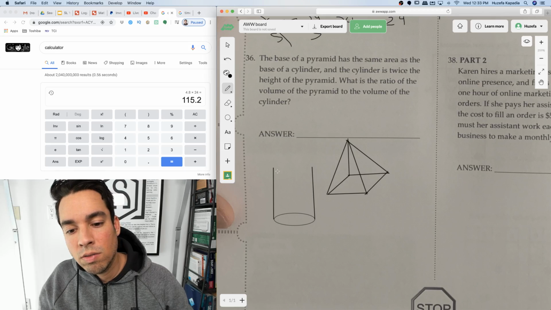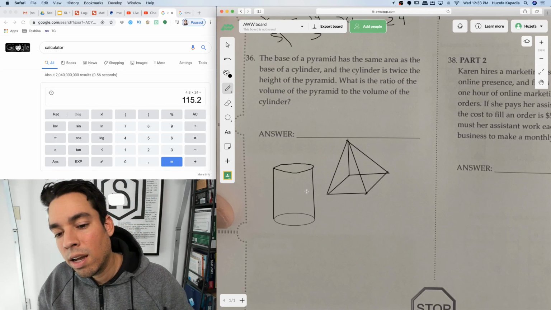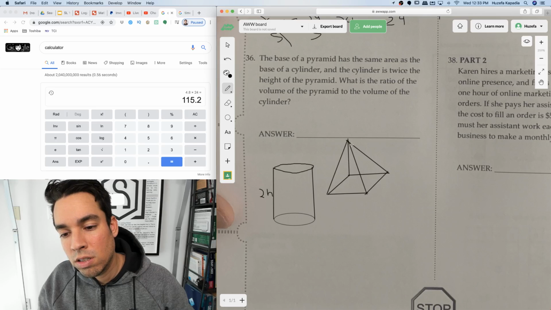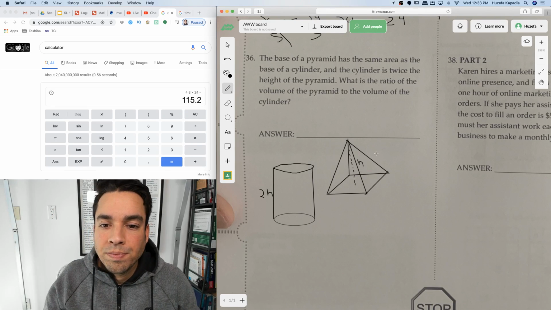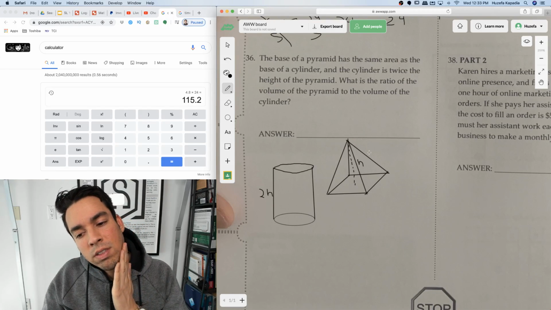Okay, what else? Just free draw this. Has the same area as the base of a cylinder, and the cylinder is twice the height. So this is 2h, and this is h. What is the ratio of the volume of the pyramid to the volume of the cylinder?